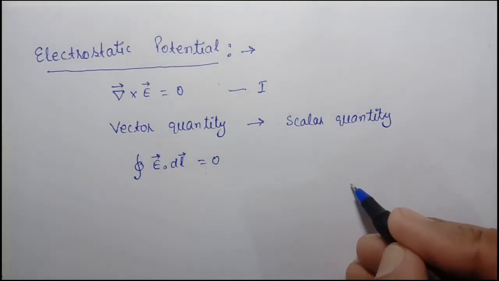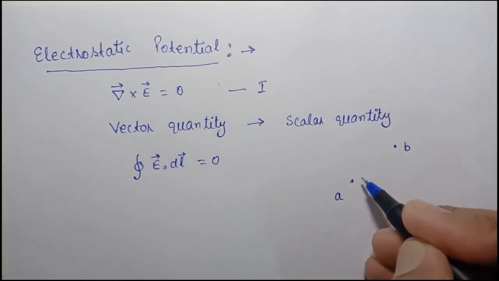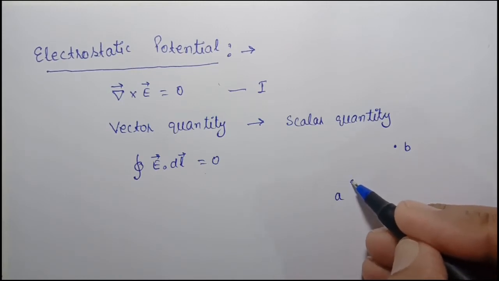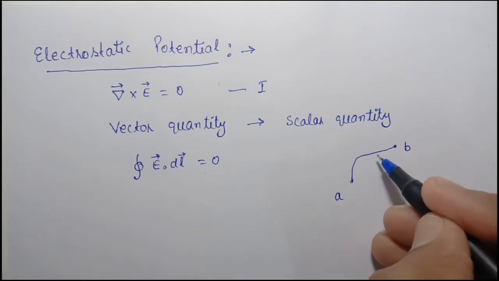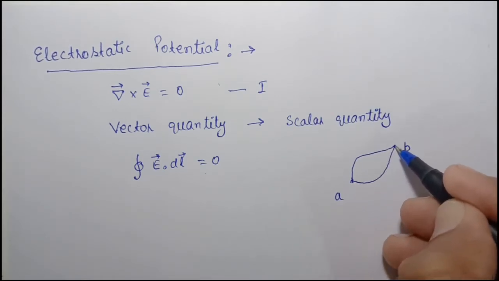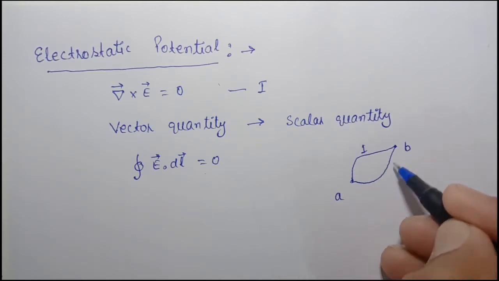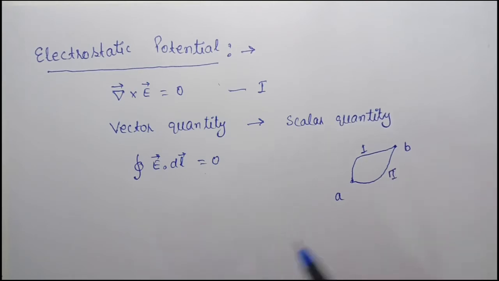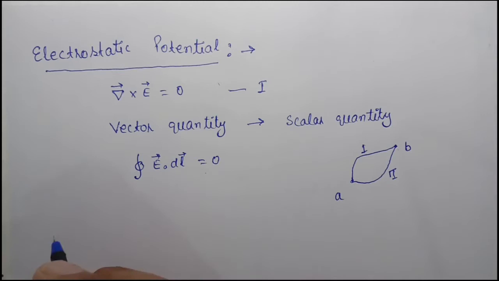This shows that suppose we have 2 points, one is A and second is B, then the line integral of electric field from A to B, whether we follow this path from A to B, or any other path, the value is always equal to 0. That is, it is independent of path.